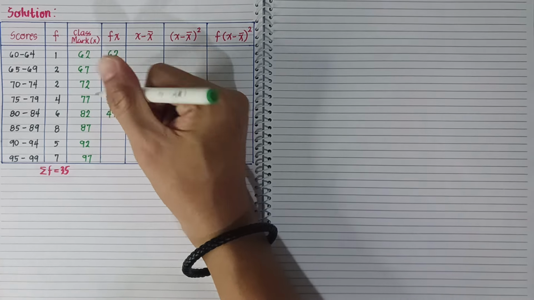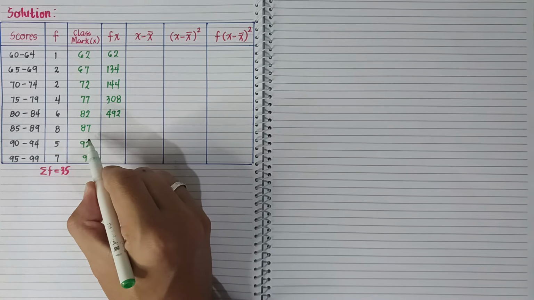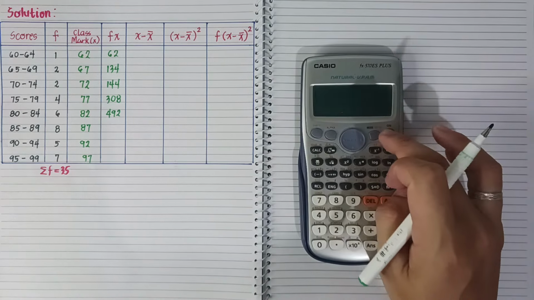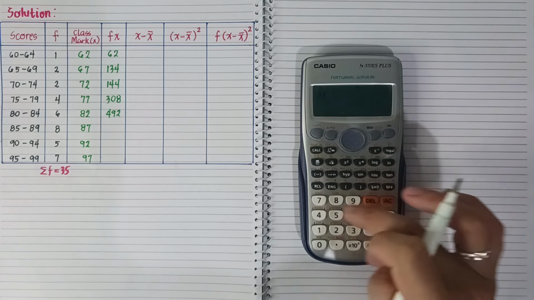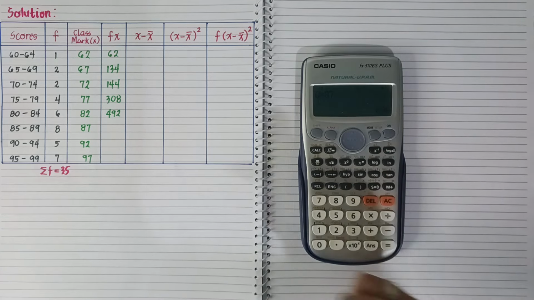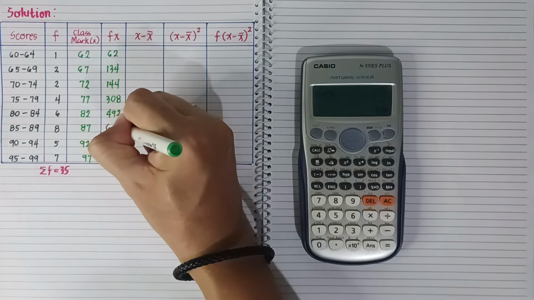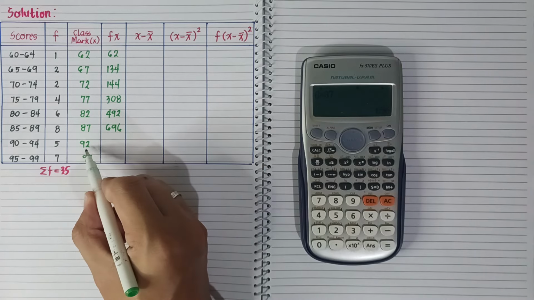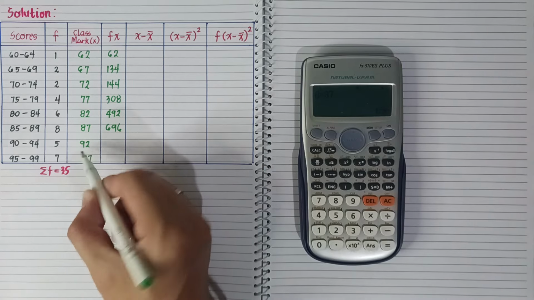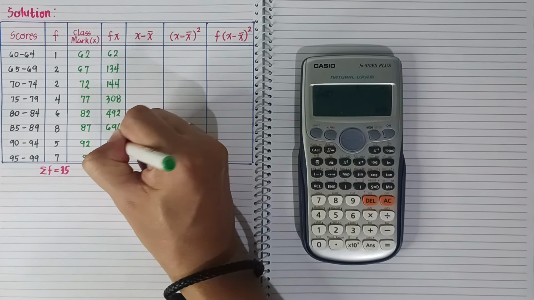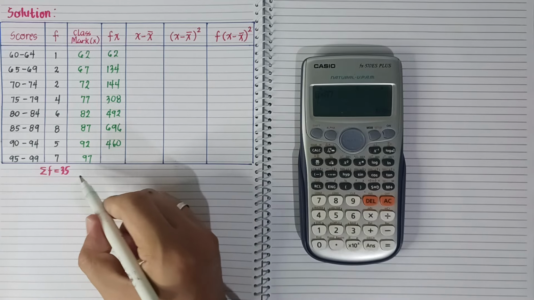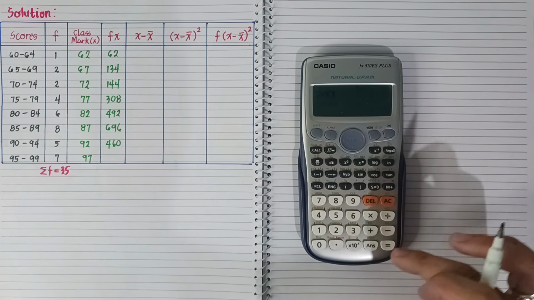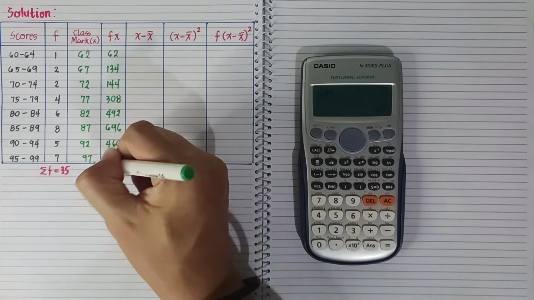Correct me if I'm wrong. 8 times 87, medyo malaki na, so gamit tayo ng calculator, is 696. Then 5 times 92 is 460. And 7 times 97 is 679.